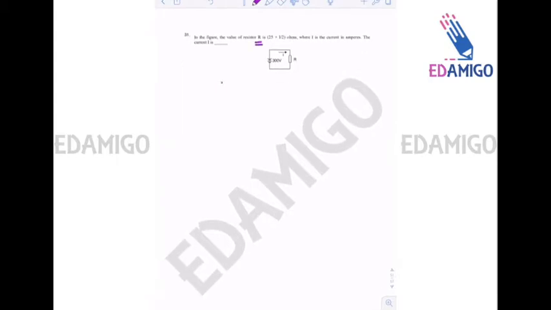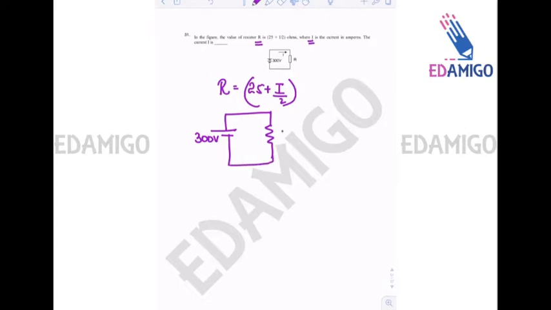Here it is given that the value of resistance R is 25 plus I by 2. So we have to find the value of current. A very simple question. 300 volt is the battery and this is resistance R. So according to Ohm's law, current is equal to 300 divided by R. Let us put the value of R, that is 25 plus I by 2.